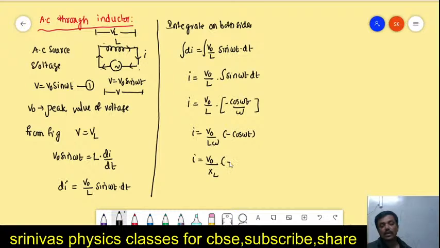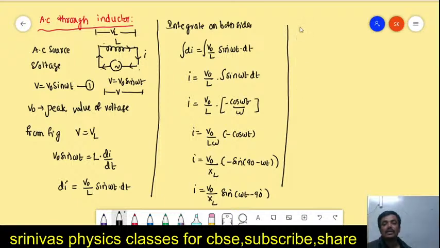Minus cos omega t we write as sin of 90 minus theta, then 90 minus omega t. This minus we can take inside. Then we will get I equal to V naught by XL into sine of omega t minus 90. This V naught by XL we can take as I naught.